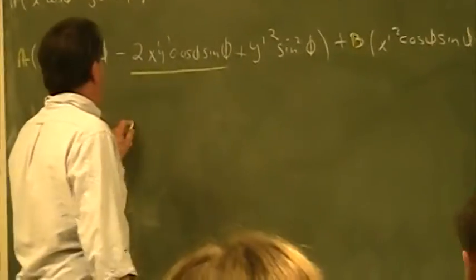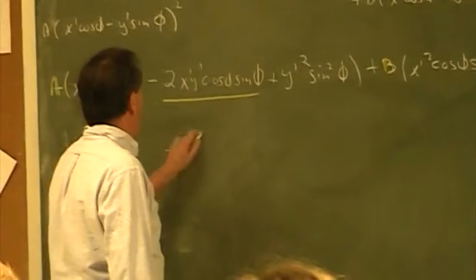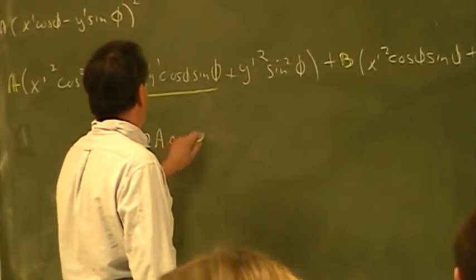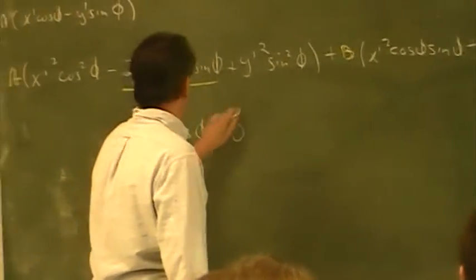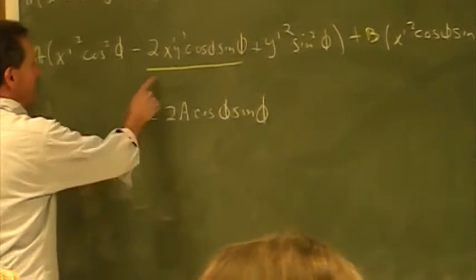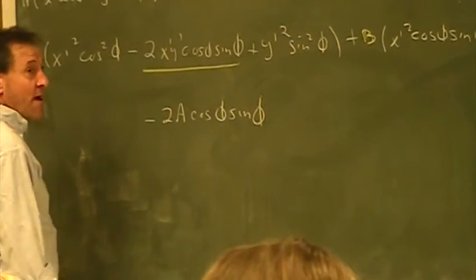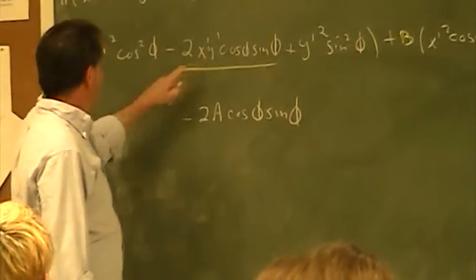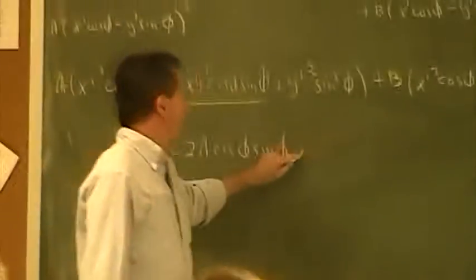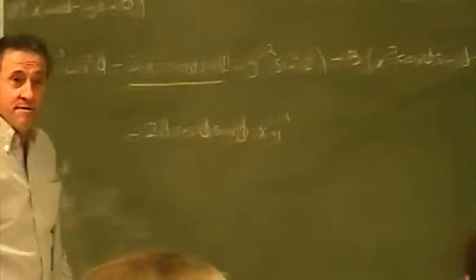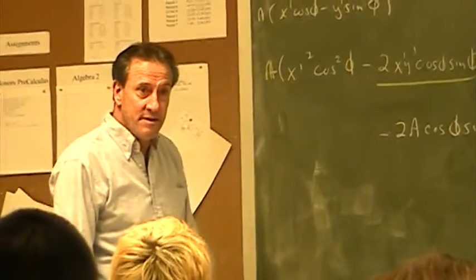This is minus 2a cosine sine x prime y prime. Did I catch the first one?